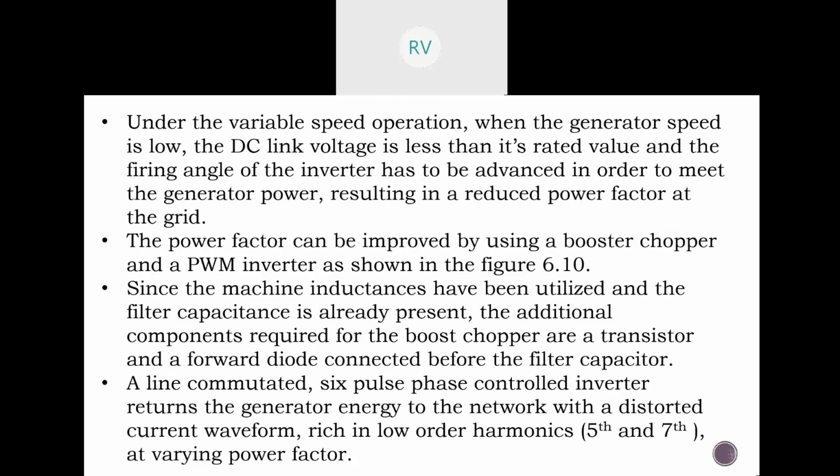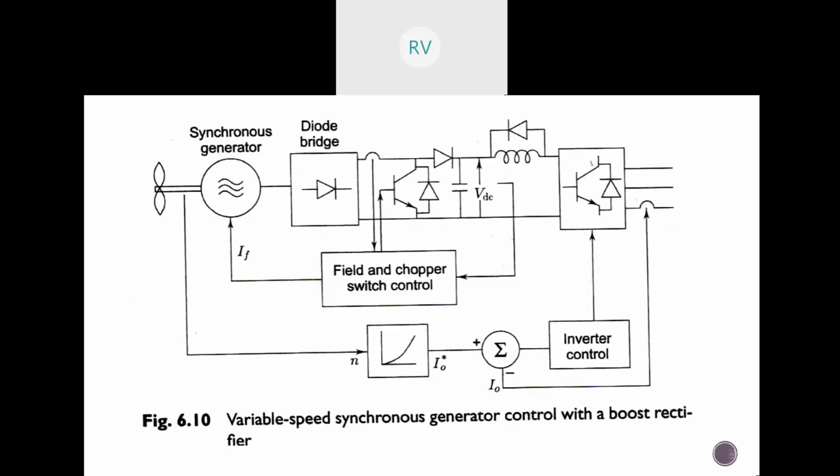The power factor can be improved by choosing a boost chopper and a PWM inverter, as shown in figure 6.10. Here you can see that we have a boost chopper as well as a PWM inverter.